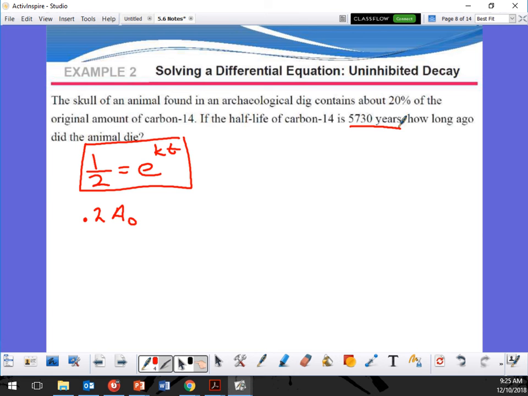Okay, so let's start off with, I know that when time equals 0, how much is there? 100%, right? When time equals 0, I get 100%. So it's whatever it is, I'm going to have my a sub naught.